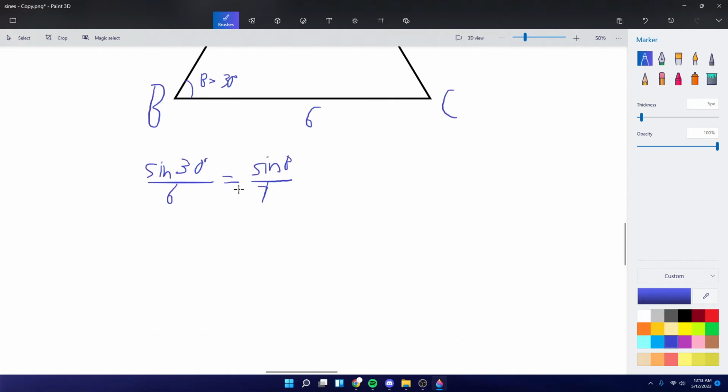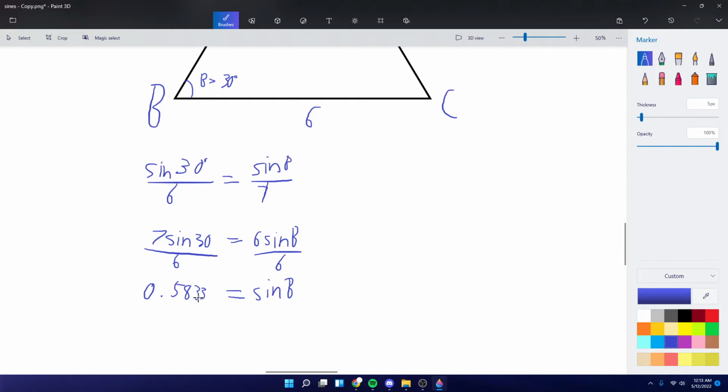So we can do the same cross multiplying thing, except now we're solving for an angle instead. We get 7 sine 30 equals 6 sine b. And then you just divide both sides by 6 to solve for sine b. And then you'd get sine b equals 0.583.